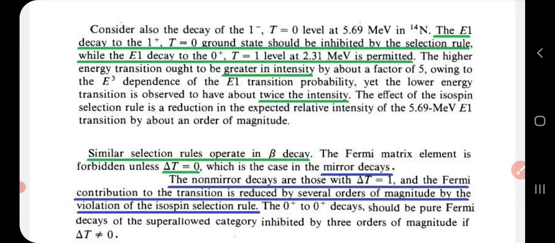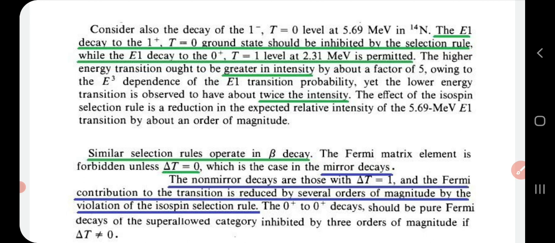Now consider another decay, that is the even decay. That is the decay from energy state 1 to the energy state plus 1. In such a case, T equal to 0, that is the ground state, is prohibited by the selection rule.